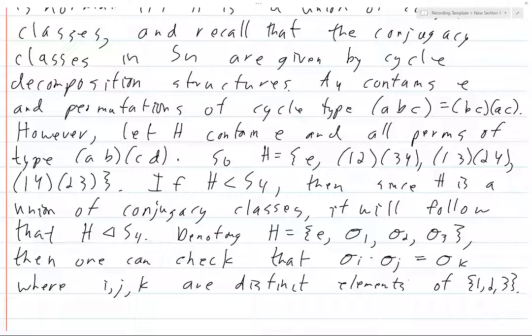That's a fact, which I'm sure you know at this point. Or if you don't, that's all right, but you should learn it because it's cool. So i, j, and k are distinct elements of 1, 2, 3. Okay?